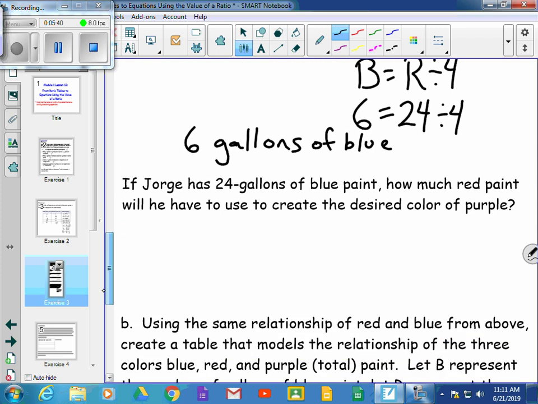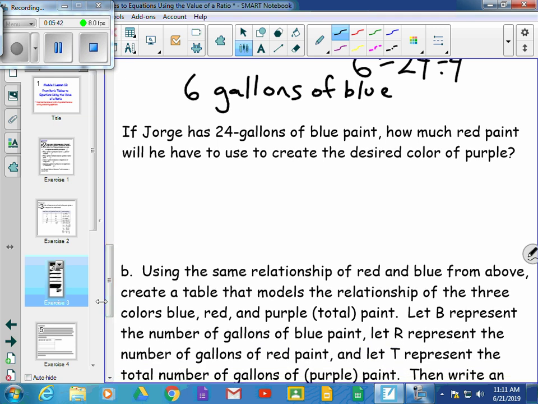One more question here. If Jorge has 24 gallons of blue, how much red will he have to use to create the desired color of purple? This time I'm going to use this equation that we came up with, because this told us how much red we would need given the amount of blue. Notice we're given blue here in this problem.